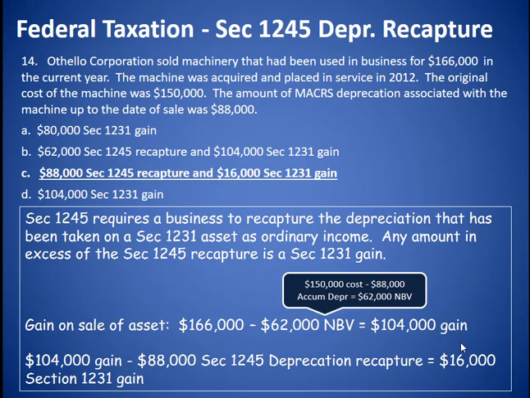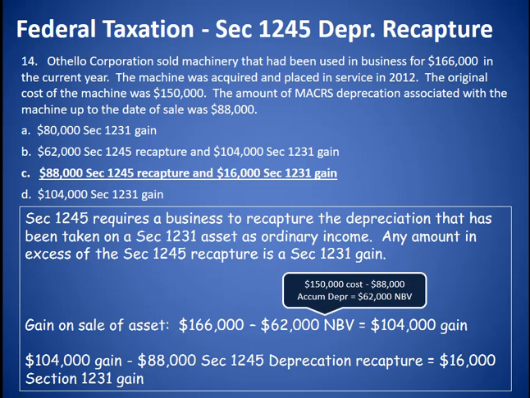The original cost of the machine was $150,000. The amount of MACRS depreciation associated with the machine up to the date of sale was $88,000. The answer in this case would be basically the character of the gain.